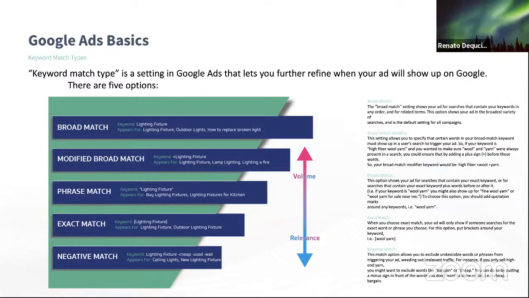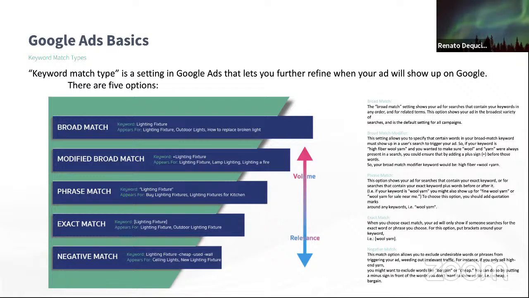So people looking for a lighting fixture in specific areas will be shown your ad, and it's a lot more focused. The exact match, you put it into square brackets, and it will go to specific people looking for that exact item.